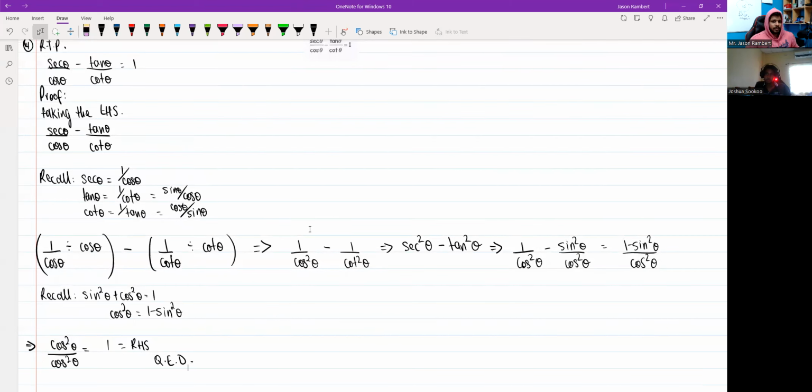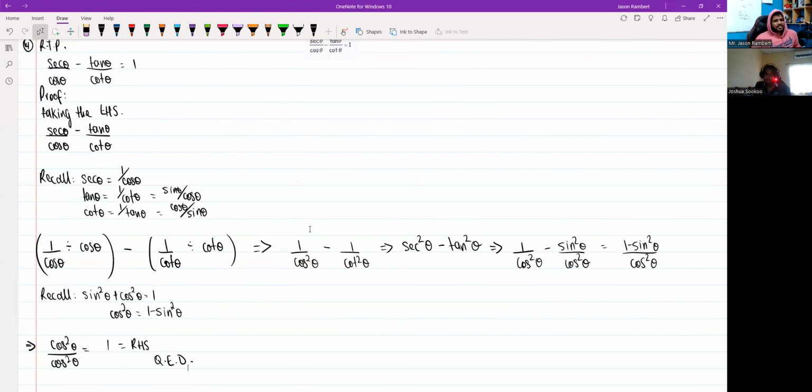You following it? Then I'll break it up: 1 over cos squared theta minus sine squared theta over cos squared theta. I'll recall 1 over cos squared is sec squared, and sine squared on cos squared is tan squared. So all I'm doing is working backwards.